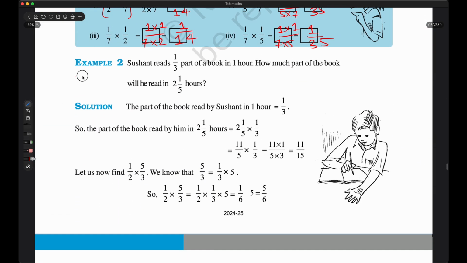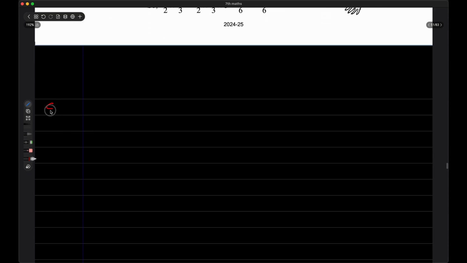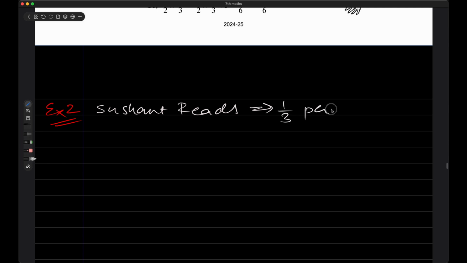Now let us solve example 2. Example 2 says that Sushant reads 1 by 3 part of a book in 1 hour.